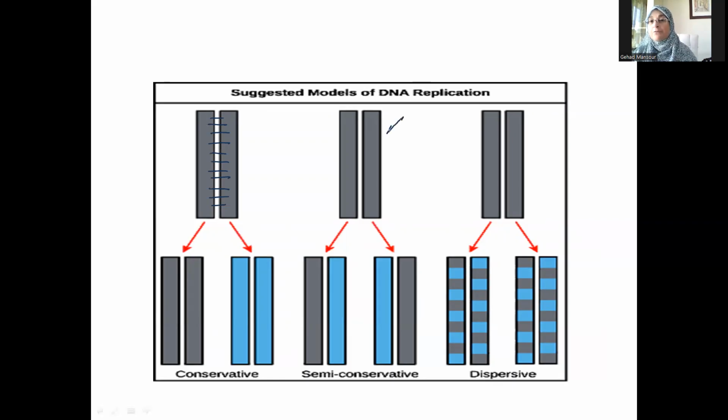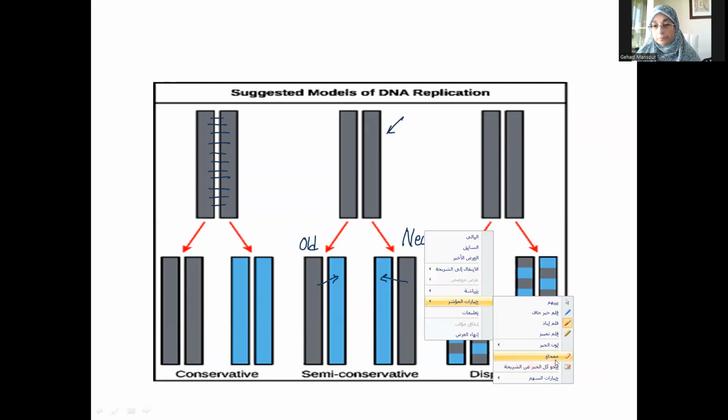In the middle, we have the one that is most accepted, that is the semi-conservative method, in which you separate the two strands. So this is an old strand, and this is a new strand. Sorry, this is not a new one, this is an old one.